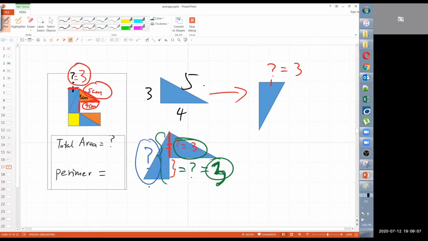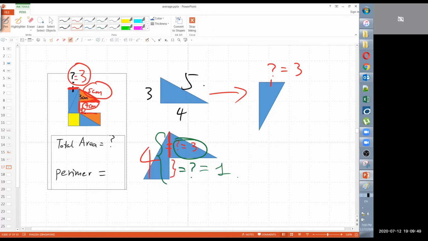Oh wait, if there was 3 and there's 3, that would be 6. Yes. But now it's not 6, right? Now currently it will be 4. So therefore, if it is 4, then your green question mark will be 1. So therefore this is 1.